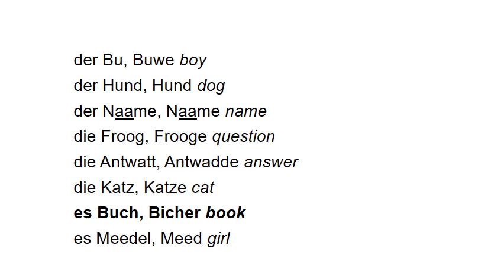I'll tell you that much. So if you were to say, I have the books, you would say, ich hab die Bücher. I have the books. Remember the article when the plural is always die. Ich hab die Bücher.